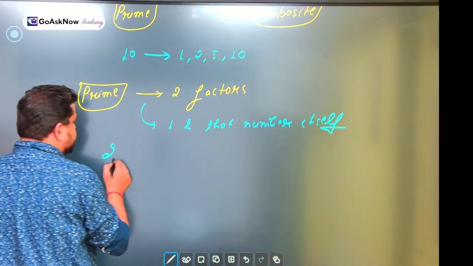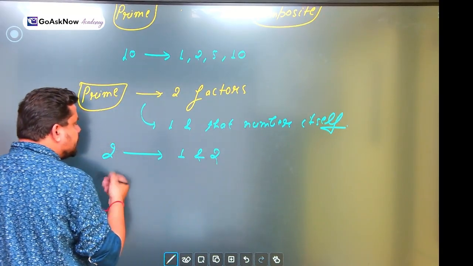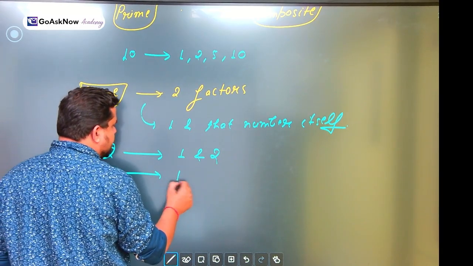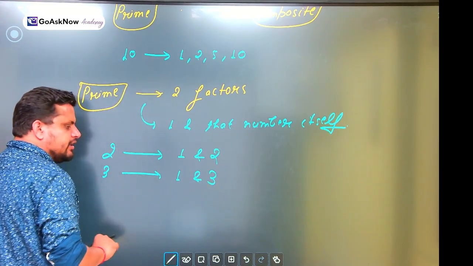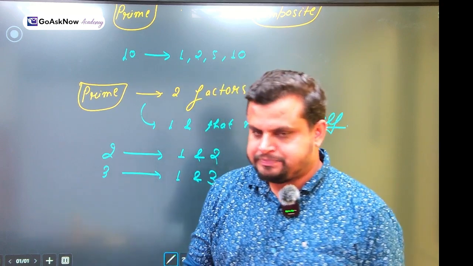Suppose you take 2, then it has two factors, 1 and 2. If you take 3, 1 and 3. Similarly 5, 7. These numbers are prime numbers.